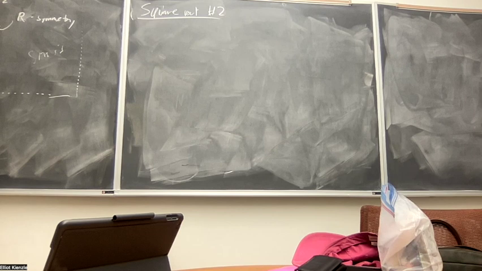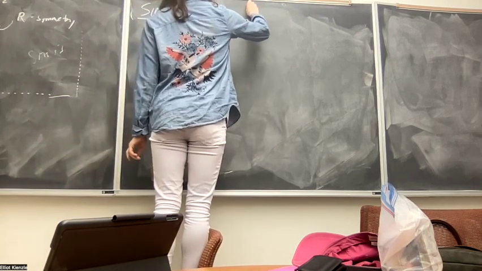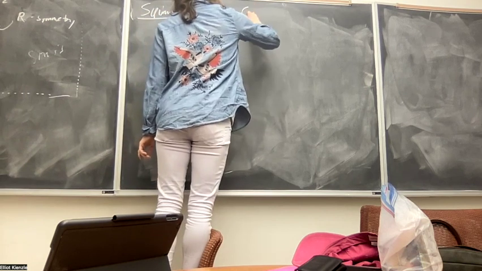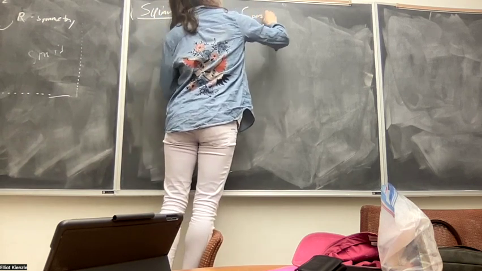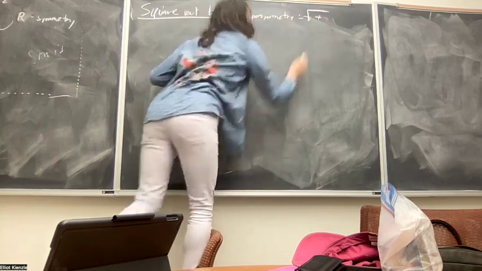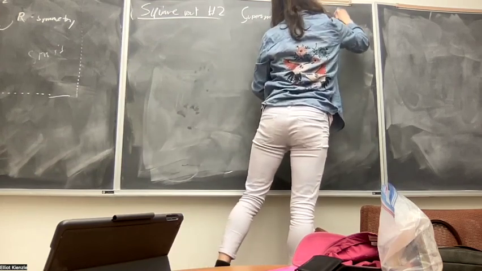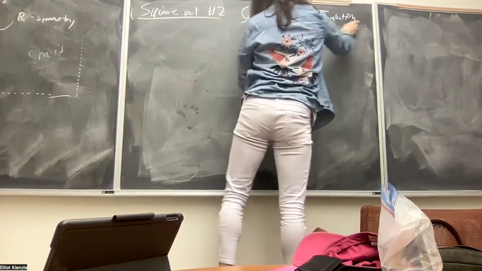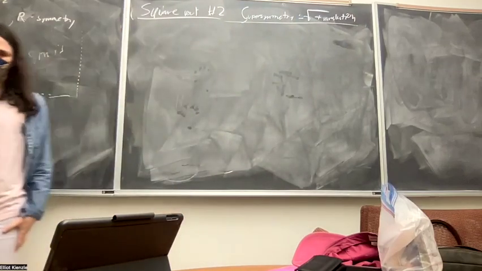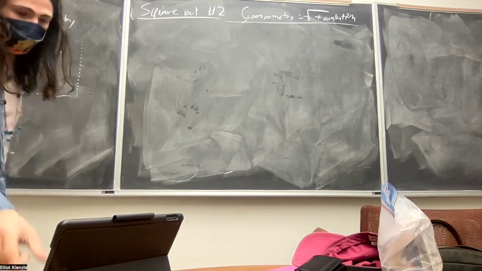Supersymmetry squared is a vector, and we can see that in the motto: supersymmetry is the square root of translation. We can see it on the algebra level here, but let's see something more precise.